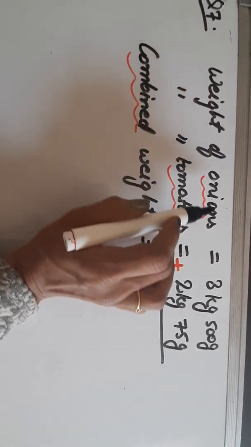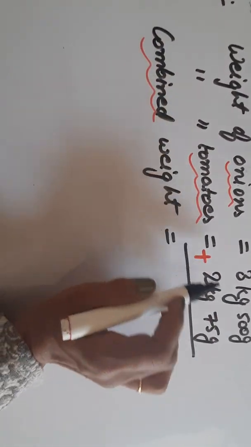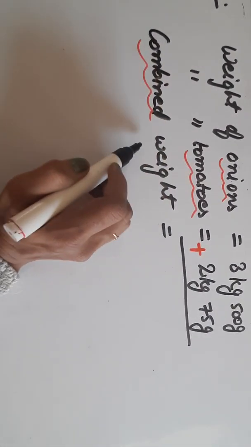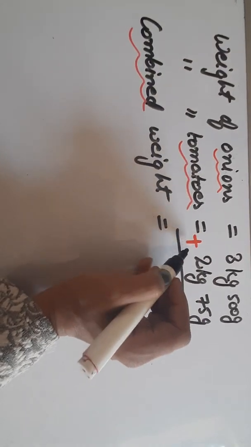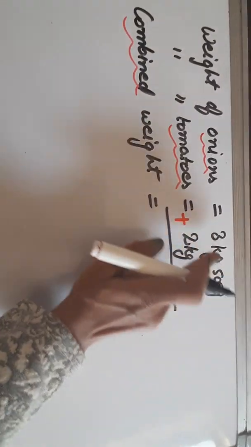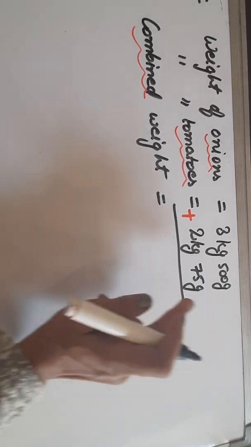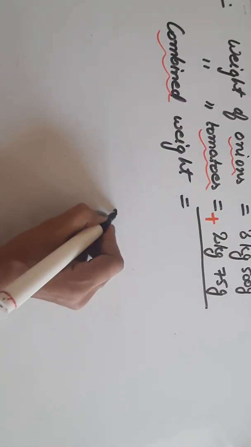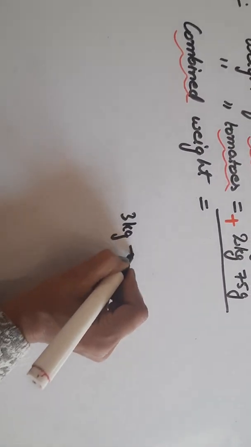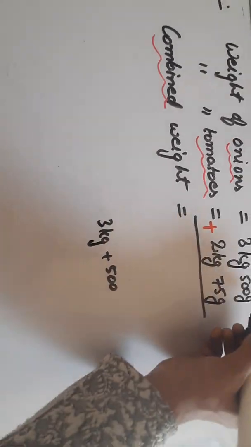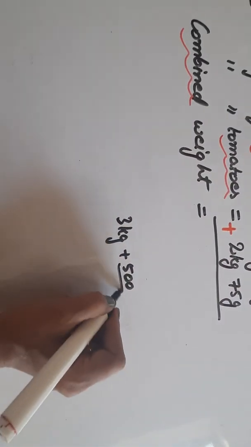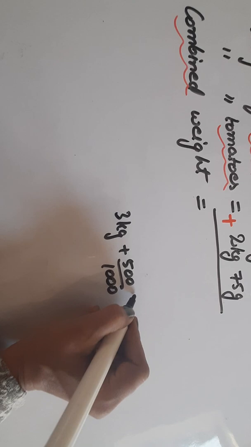So we will write weight of onions is this, weight of tomatoes is this, and their combined weight. Obviously for combined weight we'll do addition, but first of all convert these values totally into kilograms, like 3 kg plus 500 grams. To convert it into kilograms, we'll divide it by 1000.